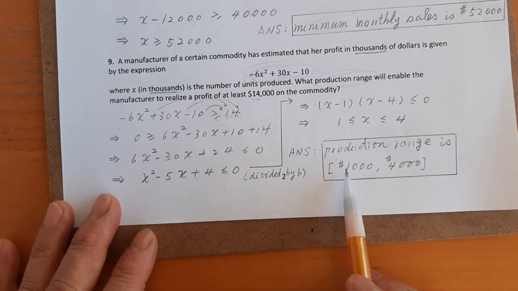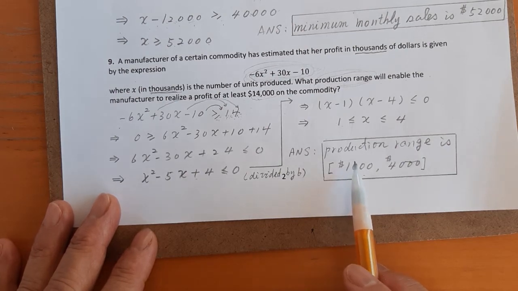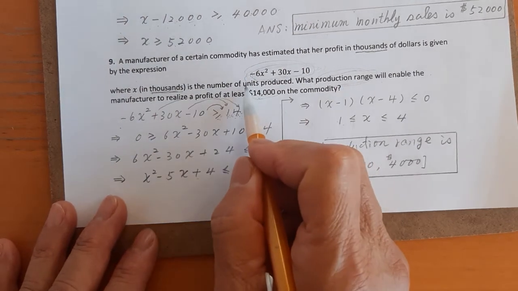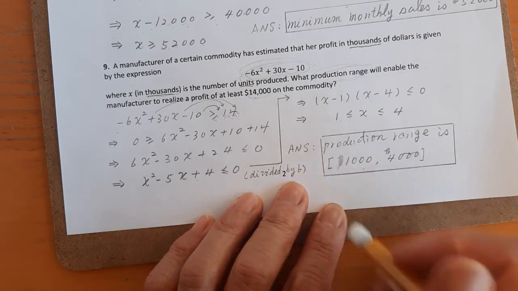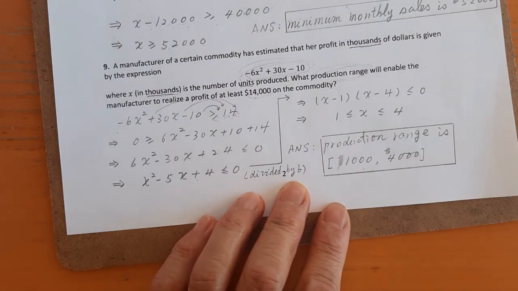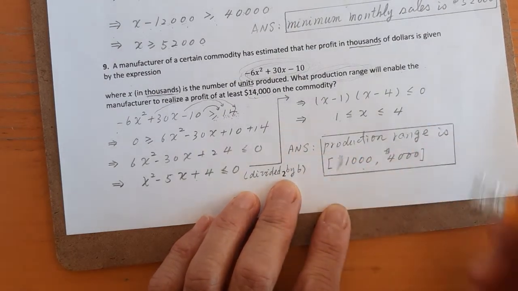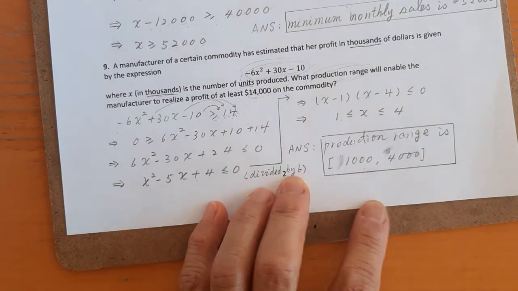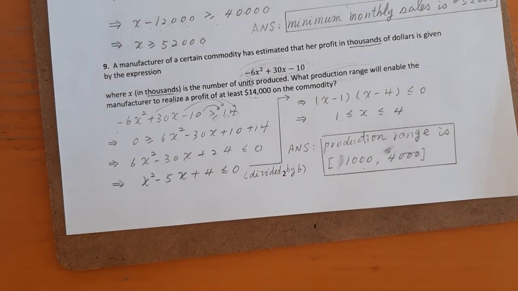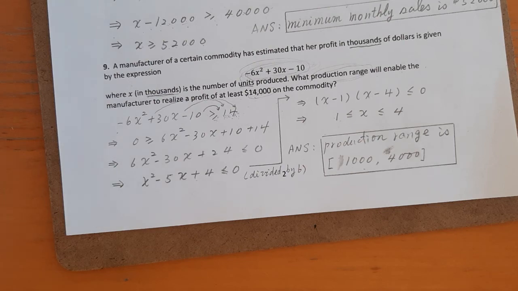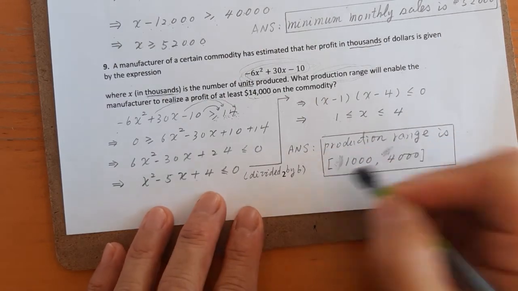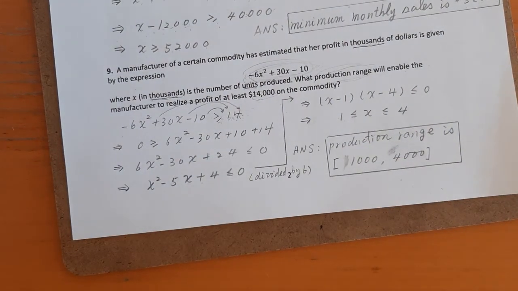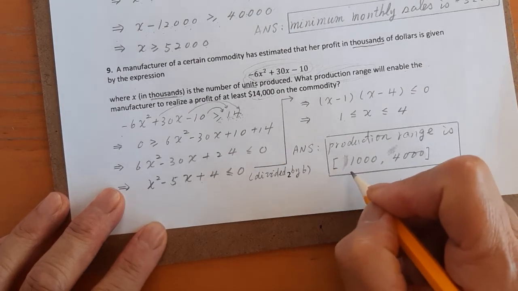The production range is in 1,000s. It's a number of units, so it's not in dollars. So it's 1,000 units to 4,000 units. How many units? It's not in dollars.